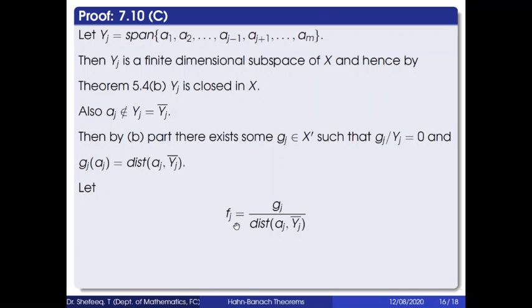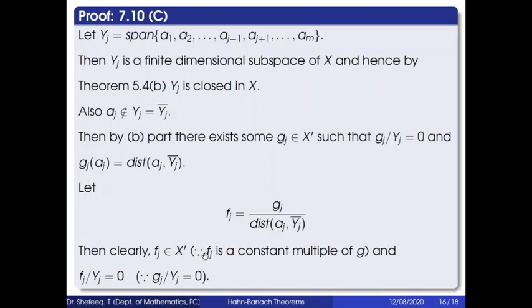Then clearly fj belongs to X', since fj is a constant multiple of gj, and also the restriction of fj to Yj is equal to 0, since the restriction of gj to Yj is also 0. So we have these two conditions.